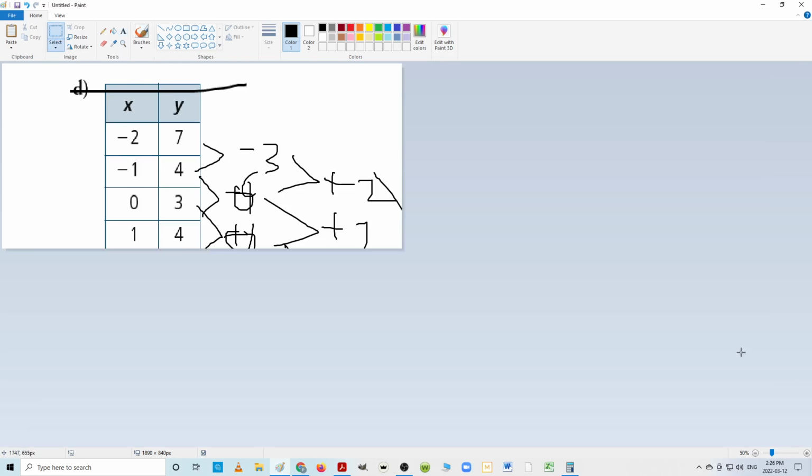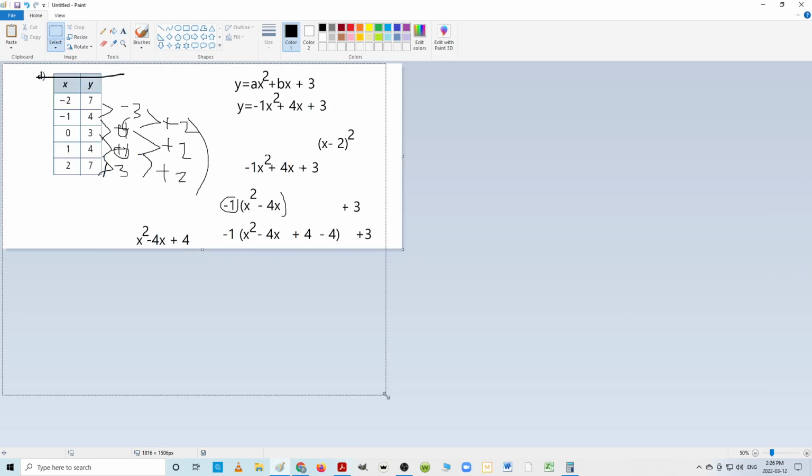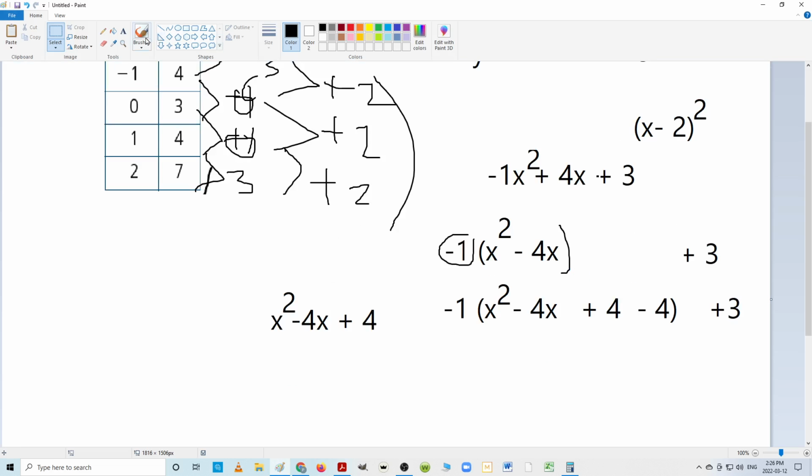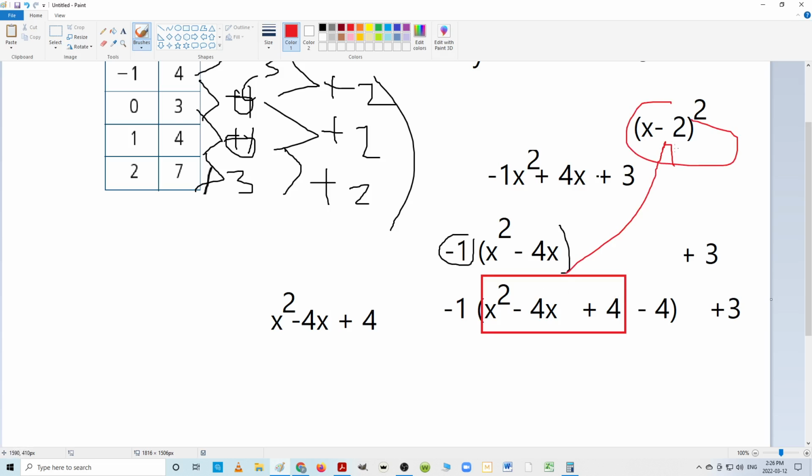Now notice that I have exactly what I need to go backwards from this to that. So I can replace everything in red with that.